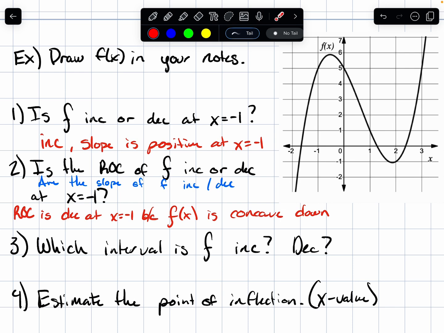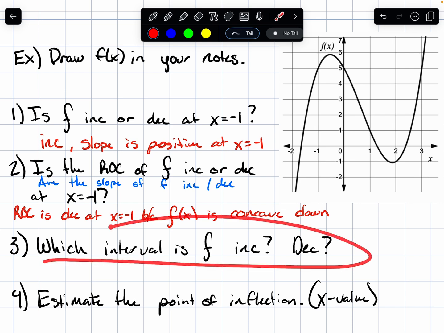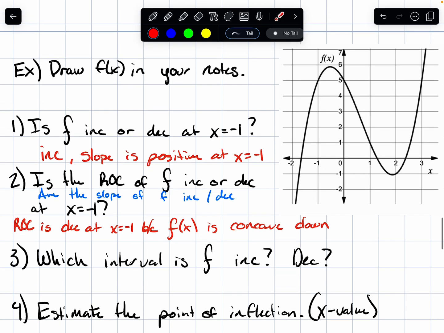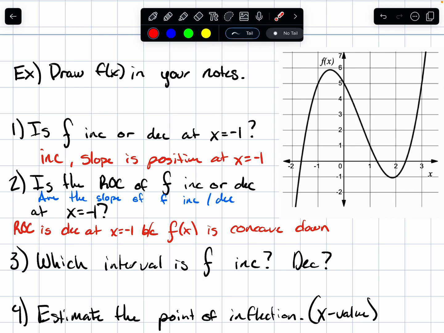Next question. Which interval of my function is increasing and decreasing? So this is just talking about going up and going down. This is not concavity. That's going to be a later question. So this is saying when I'm going up or down. So this is going to look quite like the sign question we did 1 or 2 days ago. So we can see here I'm going up till about here.